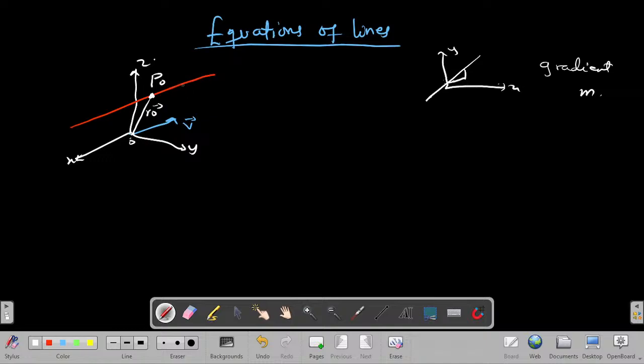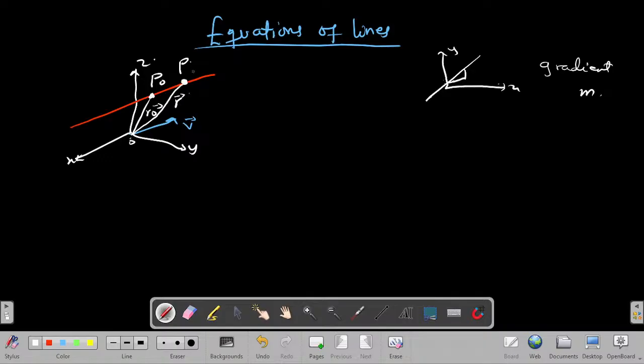Then I will locate an unknown point. The goal of finding equations of a line is to randomly find any point on that line. So if I'm able to find any arbitrary point aside from a known point, then it means I have the equation of that line, because I can find any point at any instant. So assuming I find a point P on this same line, its vector will be r, like this.